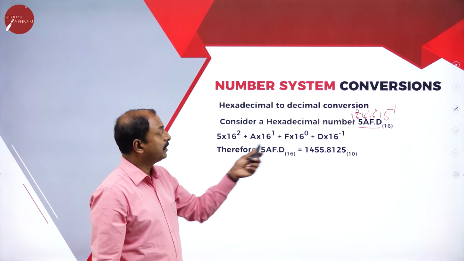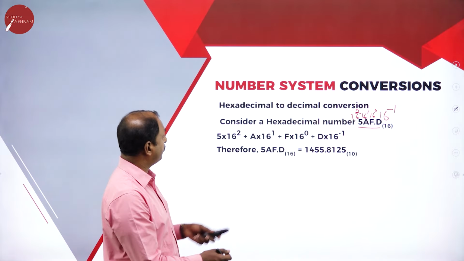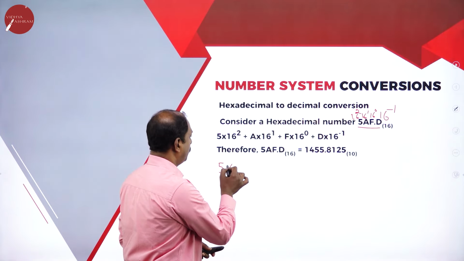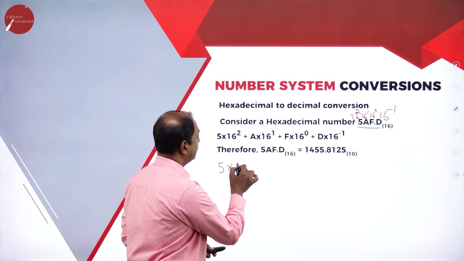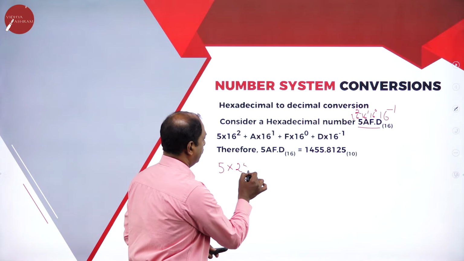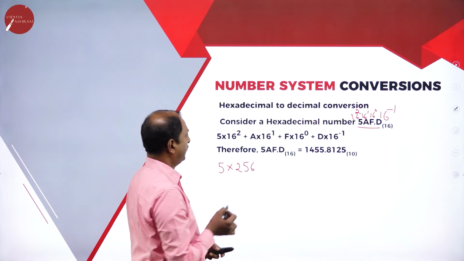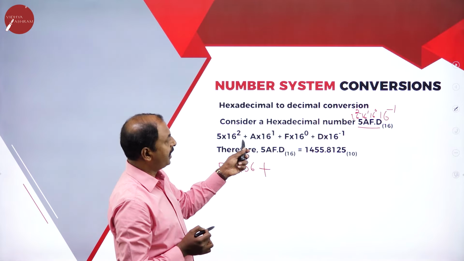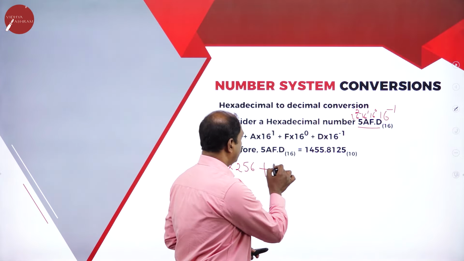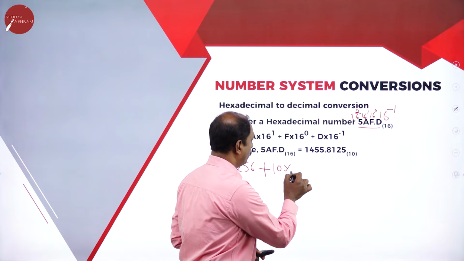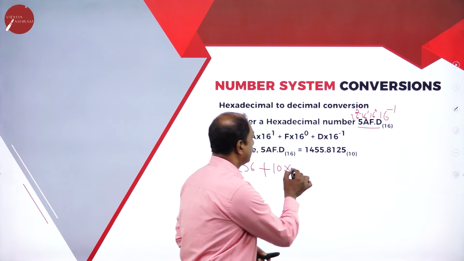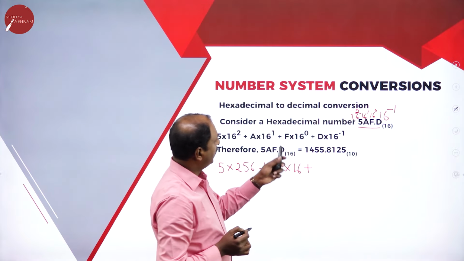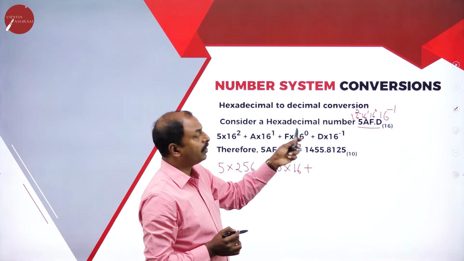When we simplify this, 5 into 16 squared, that is 256, plus A stands for 10, so 10 into 16 to the power of 1, which is 16, plus F into 16 to the power of 0.